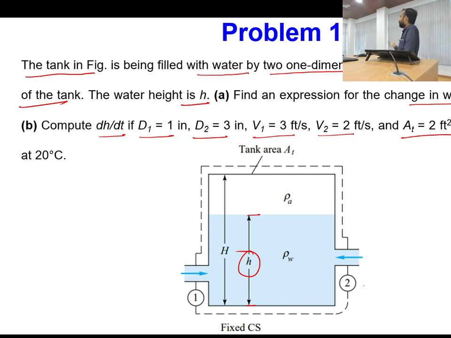So I will say total flow rate into the tank is 12 lpm, and because that 12 lpm is changing the volume, it must be equal to the change in volume of the water divided by time. Change in volume of water is area times height, divided by time. So simply I need to apply the conservation of mass over here.